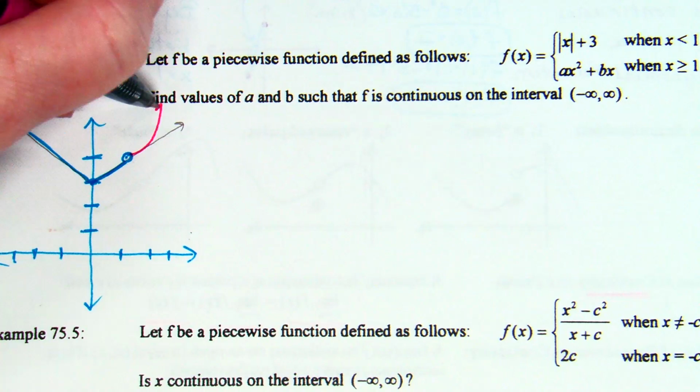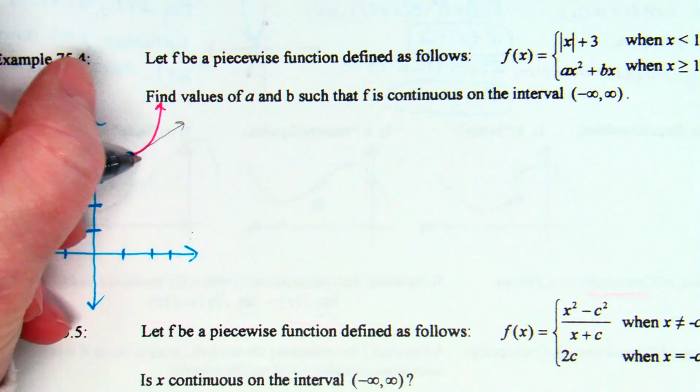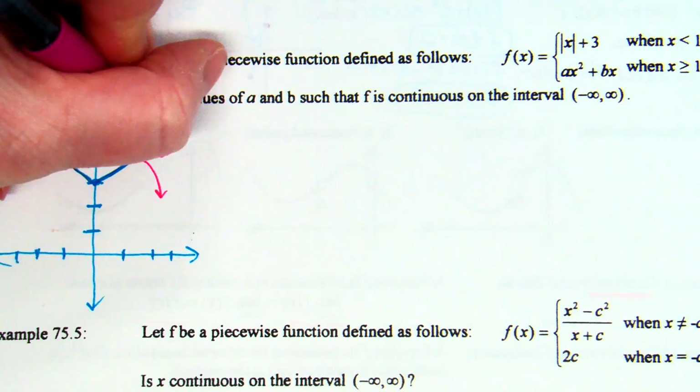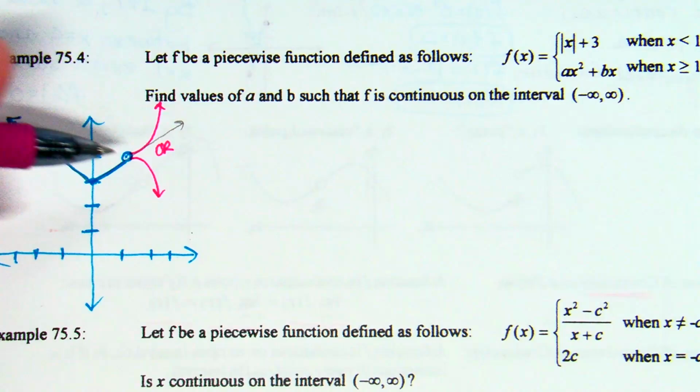Do we know it's curving up? It could be curving down. We don't really know what our parabola looks like at this point. However, we know it has to connect right here at this point. Yes?